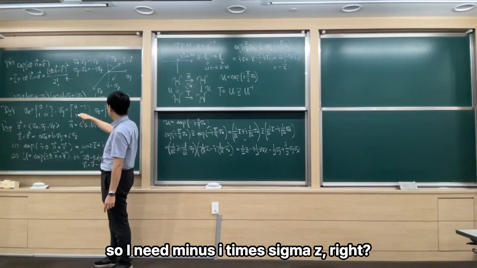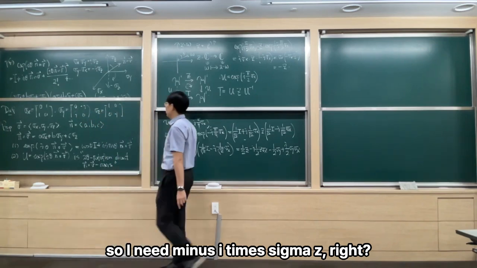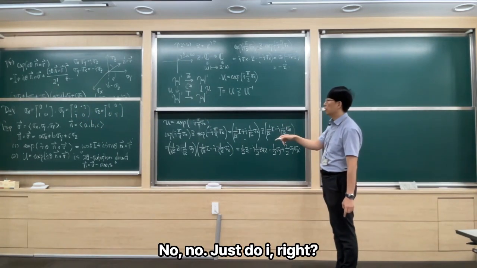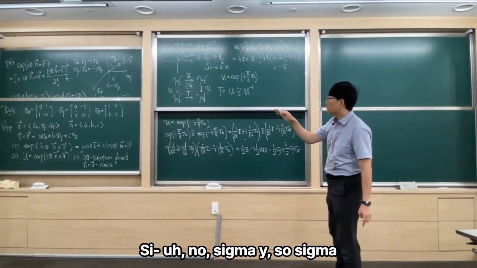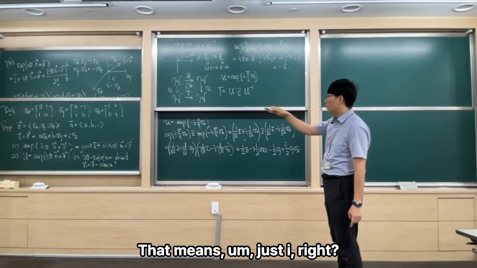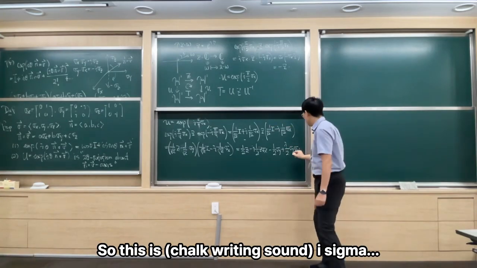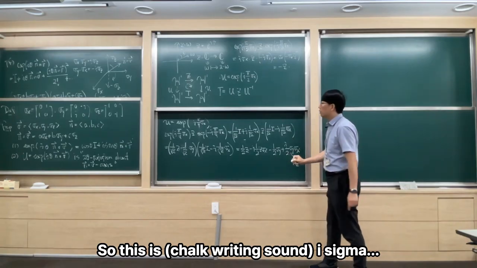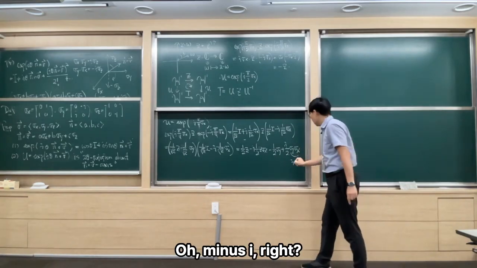So I need minus I times sigma z, right? No, just do I, right? No, sigma y. So sigma y first. Sigma y first, that means just I, right? So this is I sigma, no, minus I, right?